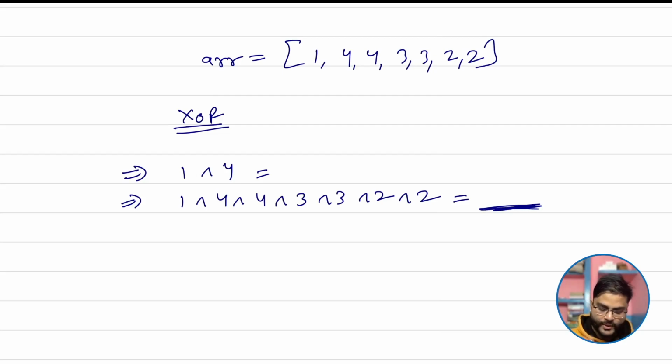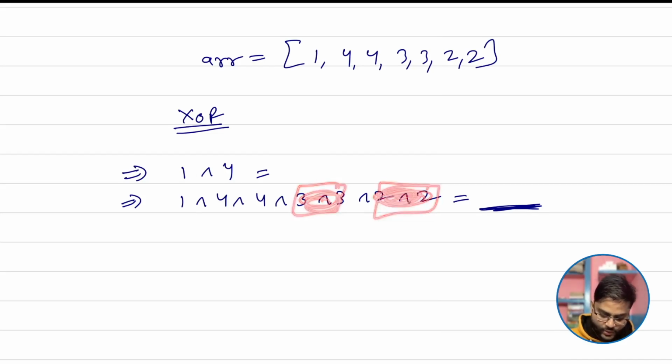I told you how XOR works: same pay 0, different pay 1. So in this, try to find the similar ones. Here 4 XOR 4 will cancel out each other, 3 XOR 3 will cancel out each other, 2 XOR 2 will cancel out each other.